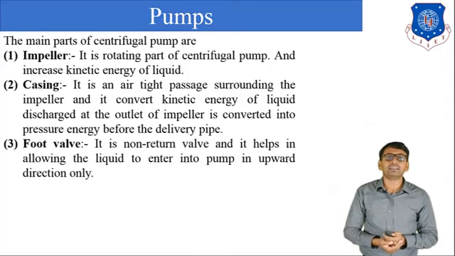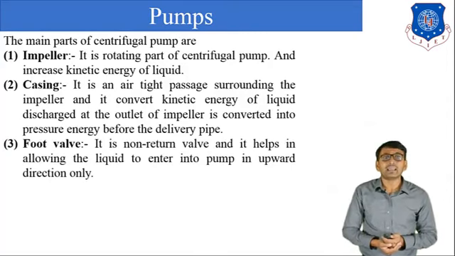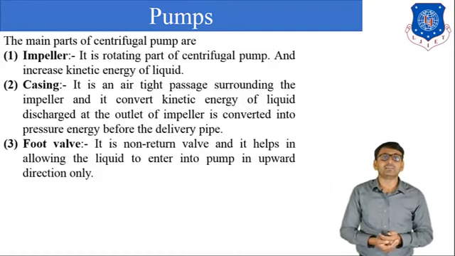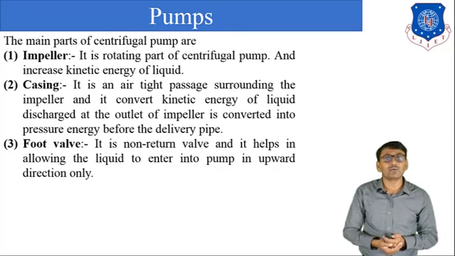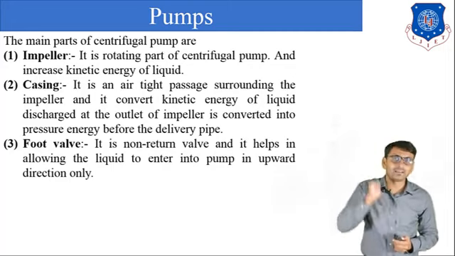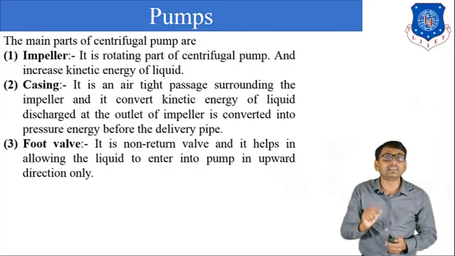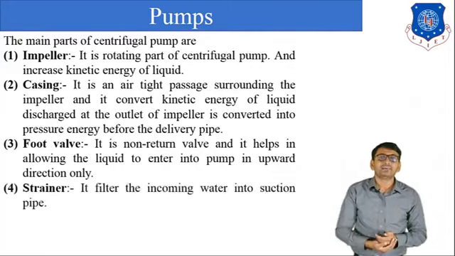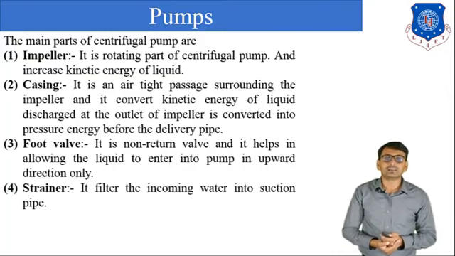Now third, the foot valve. It is a non-return valve and it helps allow the liquid to enter the pump in the upward direction only. So the foot valve forces liquid in the upward direction only and it is a non-return valve. Okay. Then the strainer, it filters the incoming water into the suction pipe.